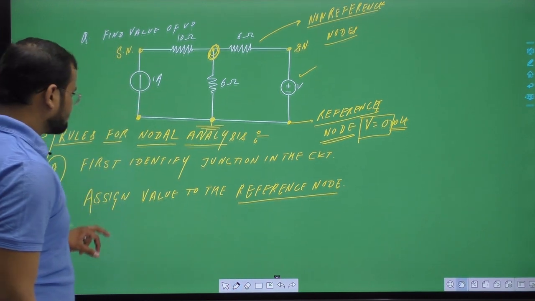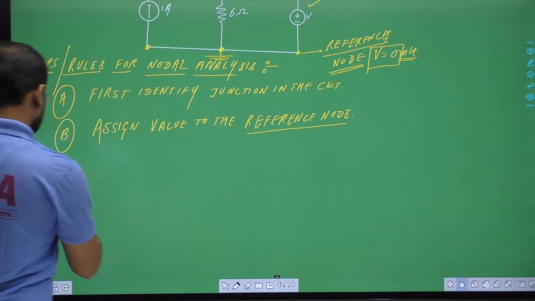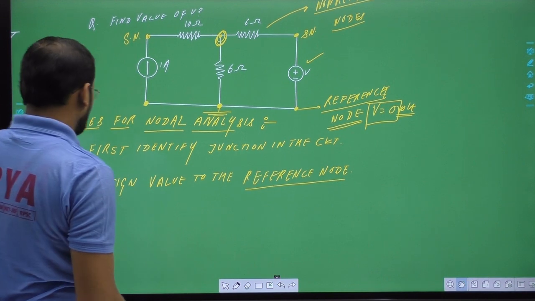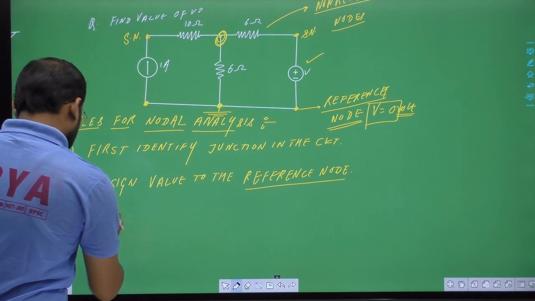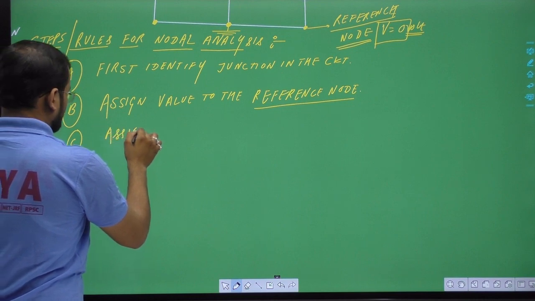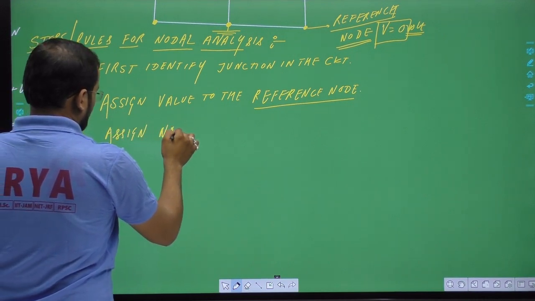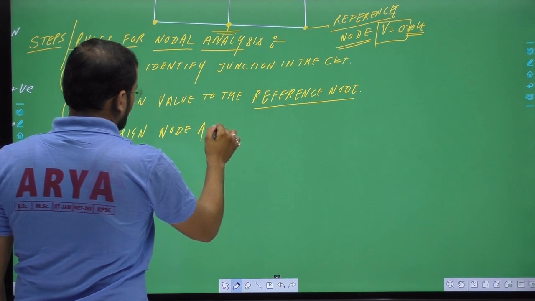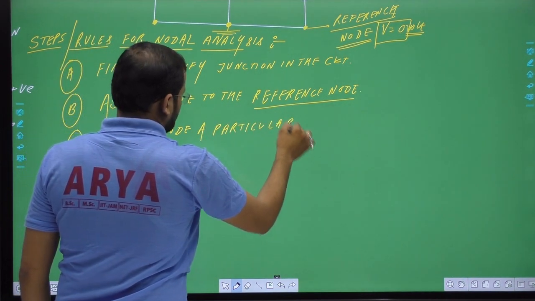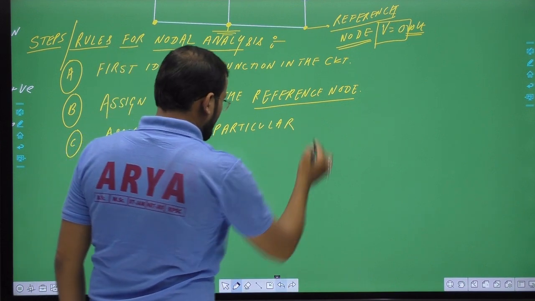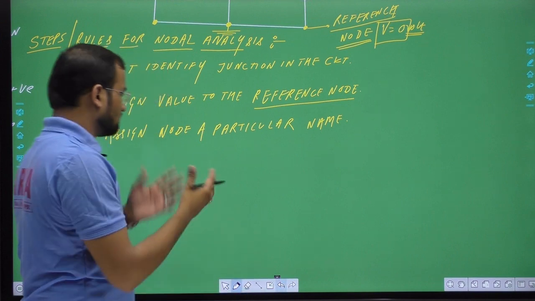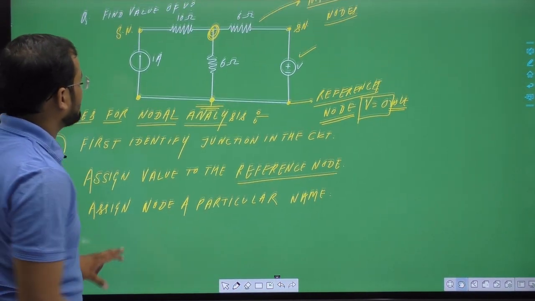Then third, assign each node a particular name, for example VA, VB, VC, whatever.